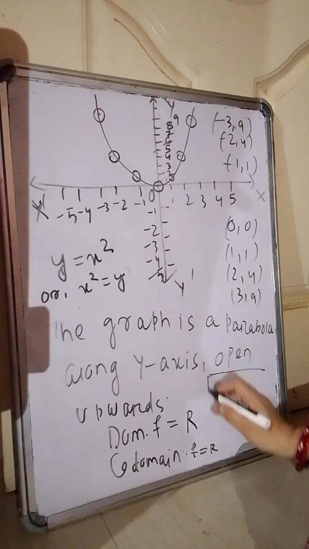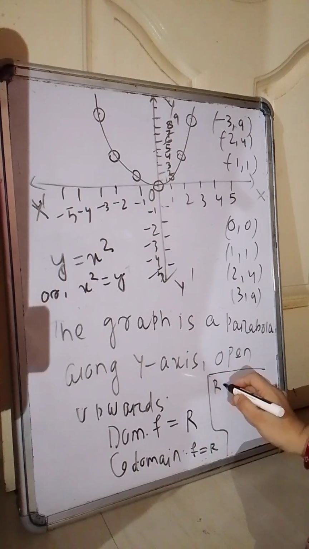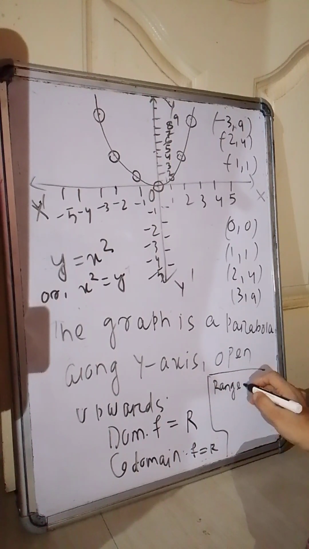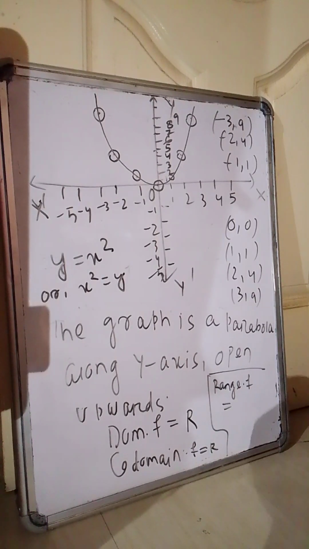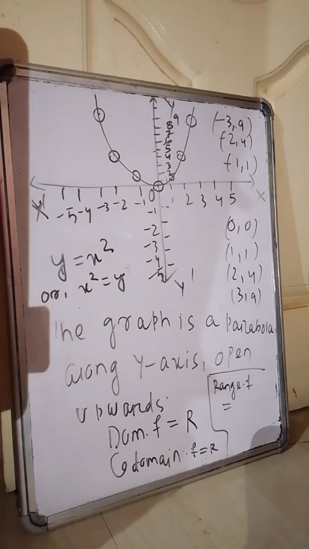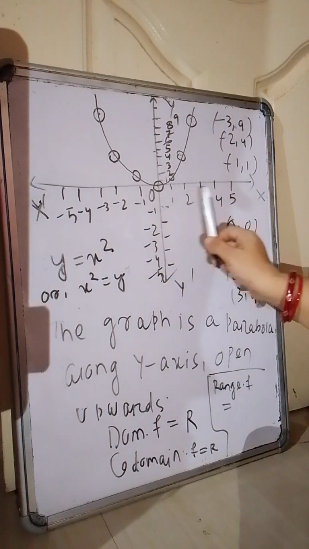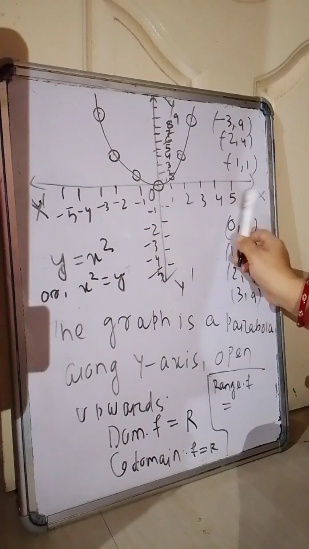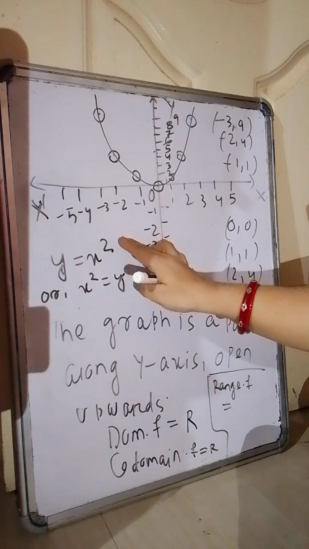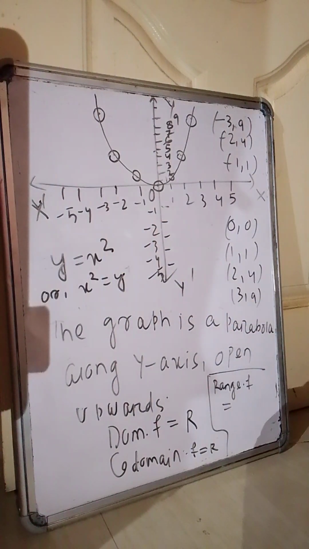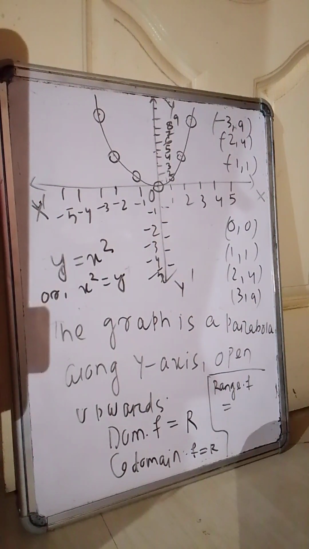Now if you want to find the range of the function, the range is nothing but the collection of all the images. Whatever value you take for x from the set of real numbers R, you get y, that is x square, which is a positive number including 0.